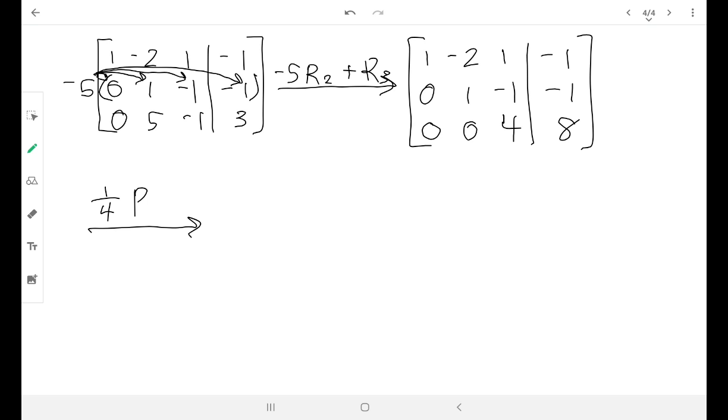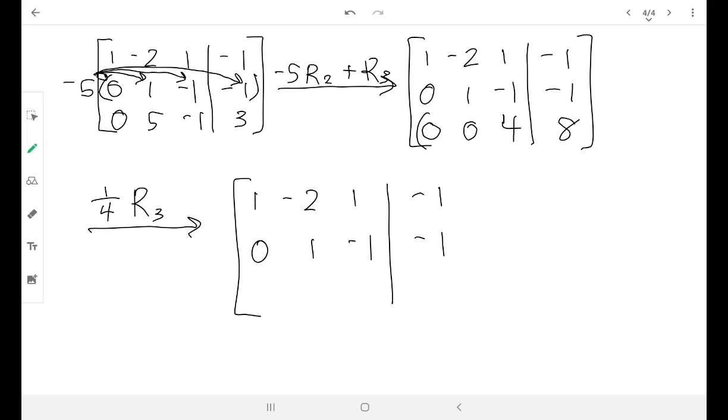So if I do 1/4 times row 3, I'll get a new row 3, and of course I'm not changing anything about rows 1 and 2.